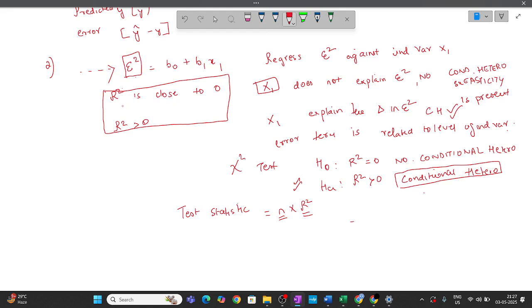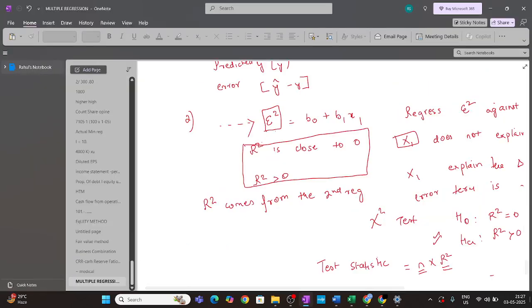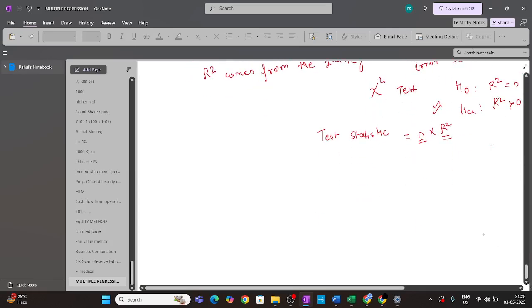So the R square here comes from the second regression. And we use the chi-square distribution to check this. Again, chi-square distribution, like the F distribution, is bounded by 0.